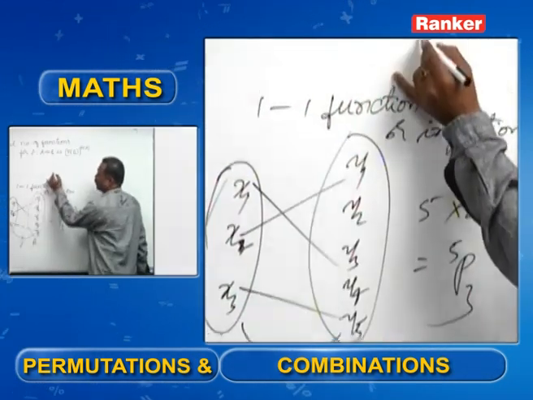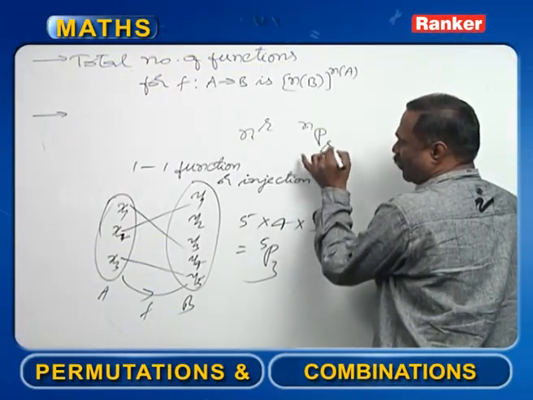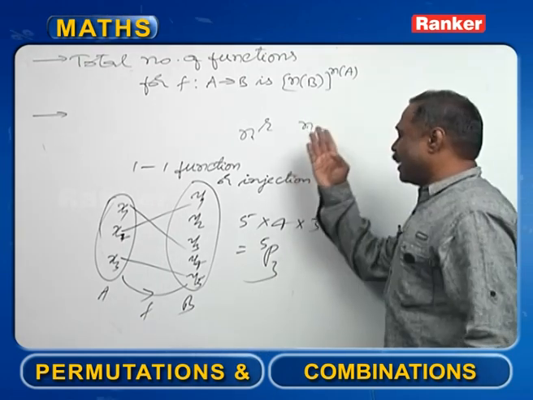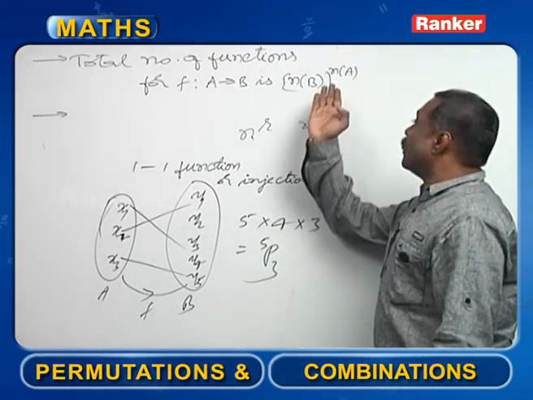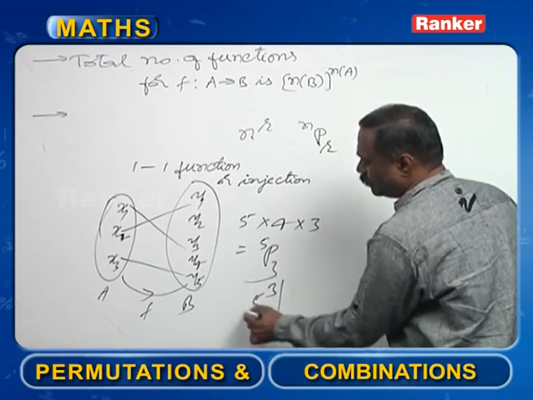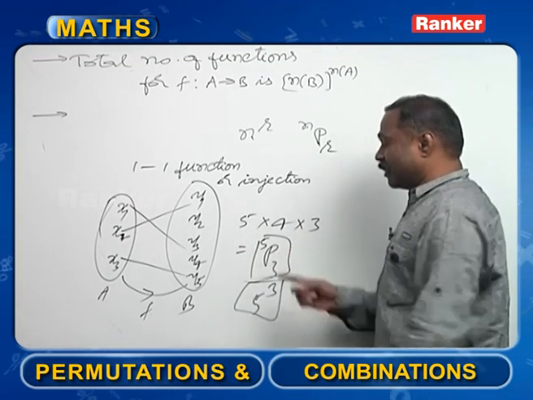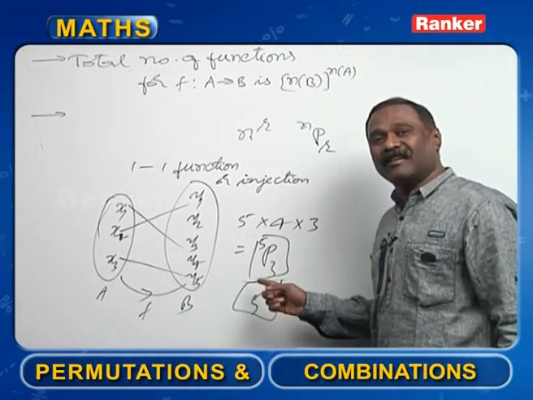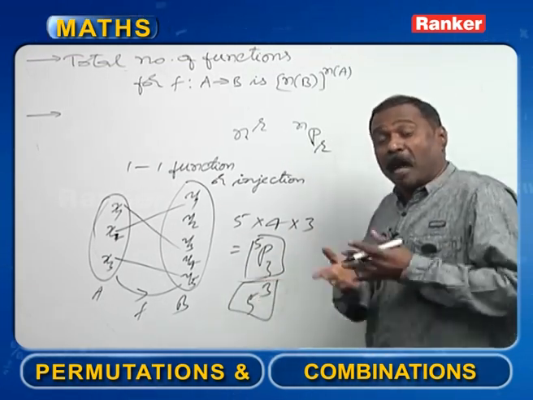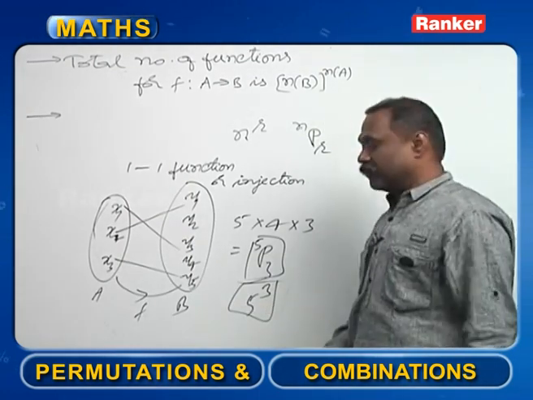What is the difference between n power r and nPr is clear now. Previously we derived the number of functions to be 5 cube, but the number of 1-1 functions is 5P3. Understand? That means without repetition, it's nothing but the number of 1-1 functions.